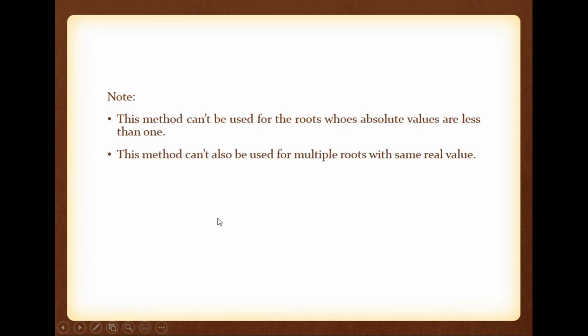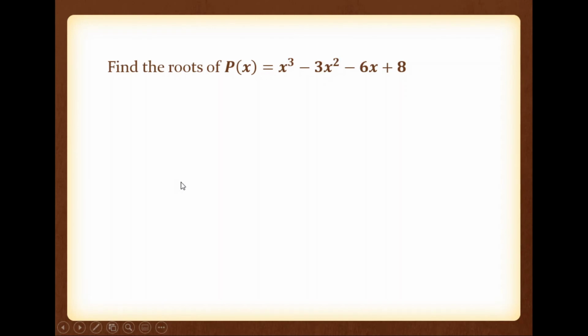And the second important point is this method can't also be used for multiple roots with the same real value. We can't use this method to find the multiple roots, and we can't find the complex roots, because complex roots have the same real value. Okay, so we are going to do a problem.